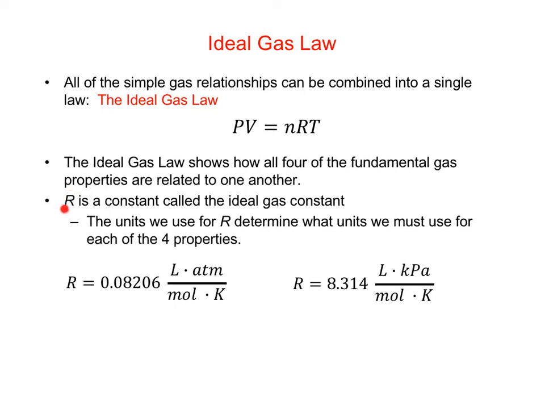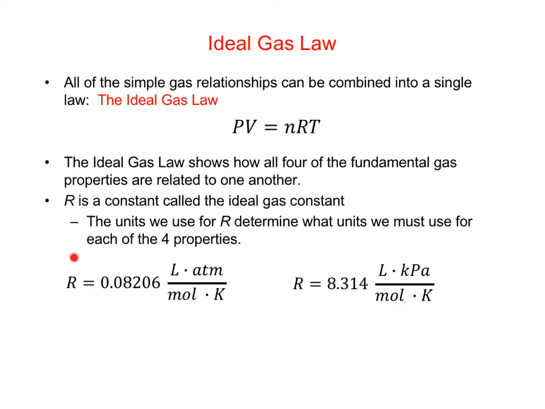And R, as I said, is a constant. It's called the ideal gas constant. The units on R actually determine what units we have to use on each of the other four properties. We can use different units, but if we do, then the numerical value of R will change.